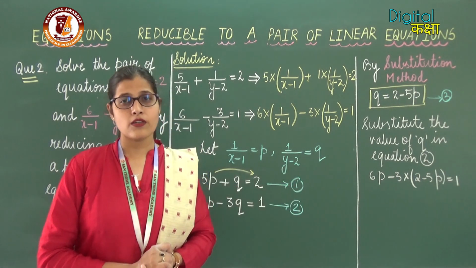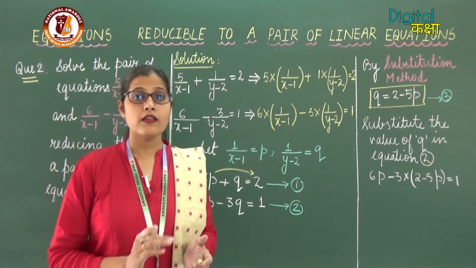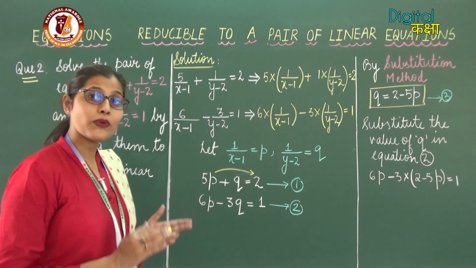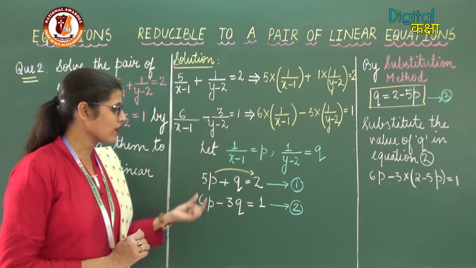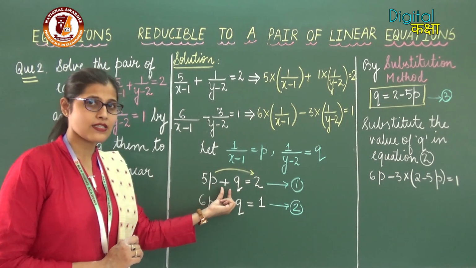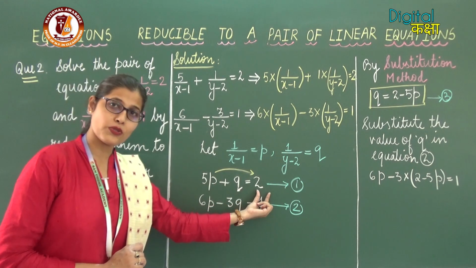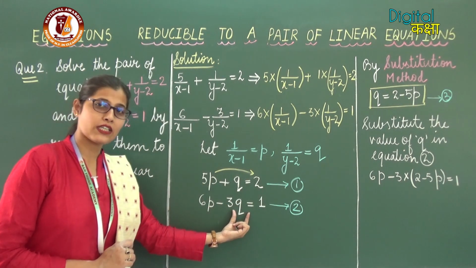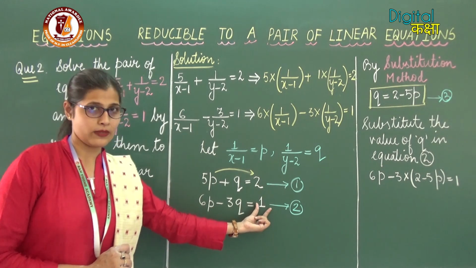After assuming, we will be doing the relevant substitutions. So, our new equations will be 5p plus q equals to 2 and 6p minus 3q equals to 1.